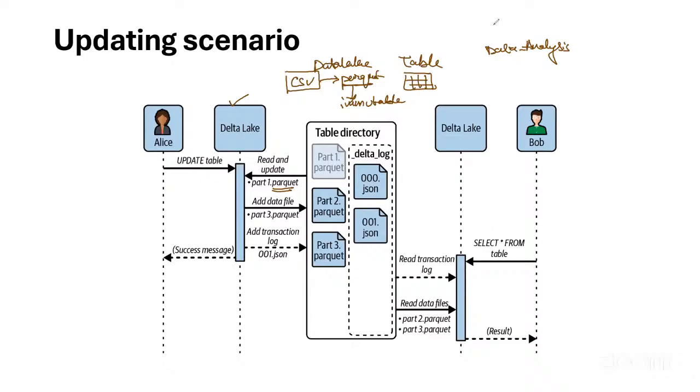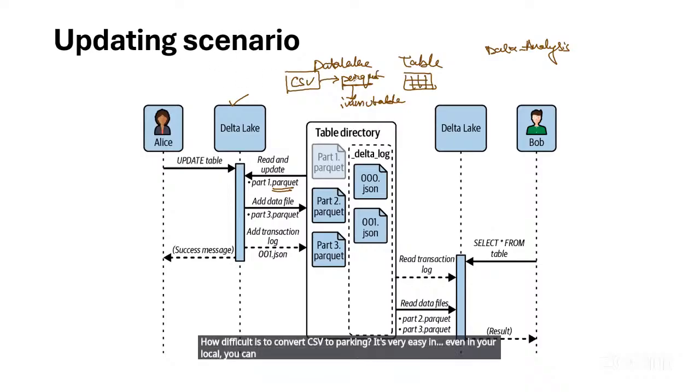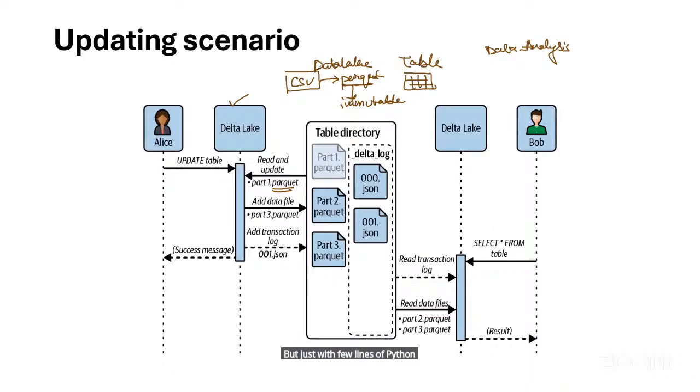How difficult is it to convert CSV to Parquet? It's very easy. Even on your local machine, you can convert a CSV file to Parquet with just a few lines of Python code. When coming to Delta Lake, it's not your job. Delta Lake will take care of it. It's a cloud-managed one.